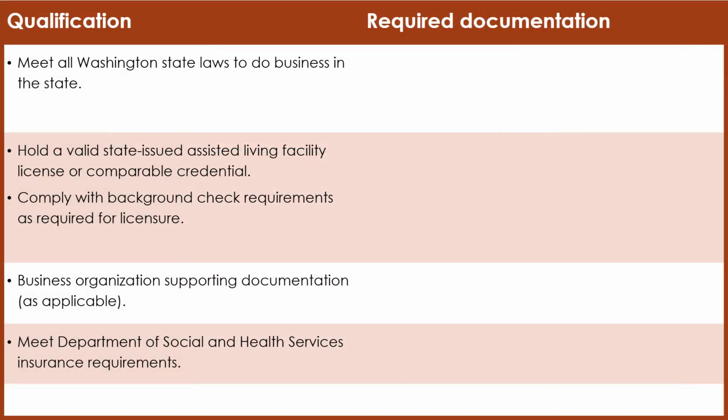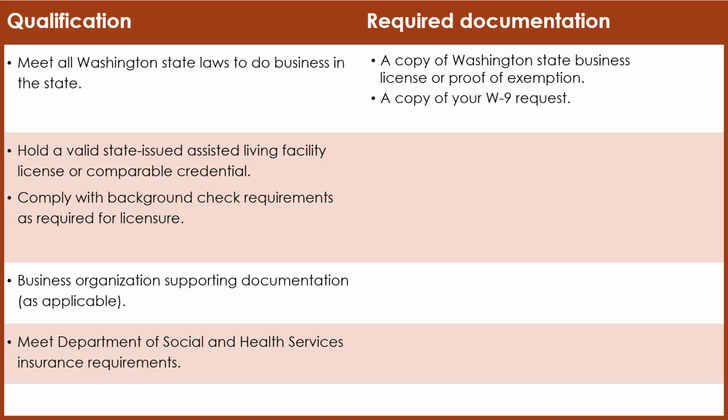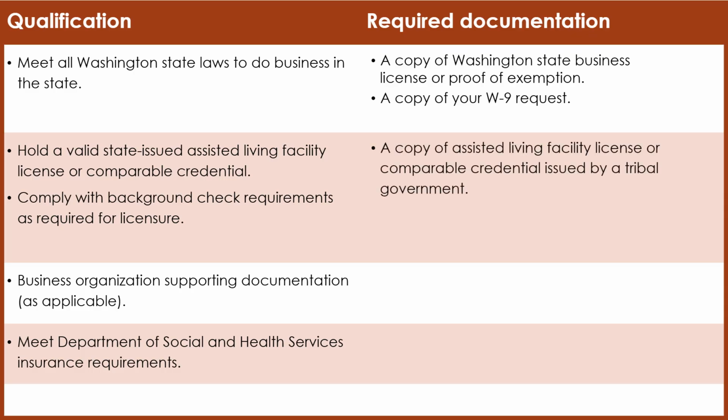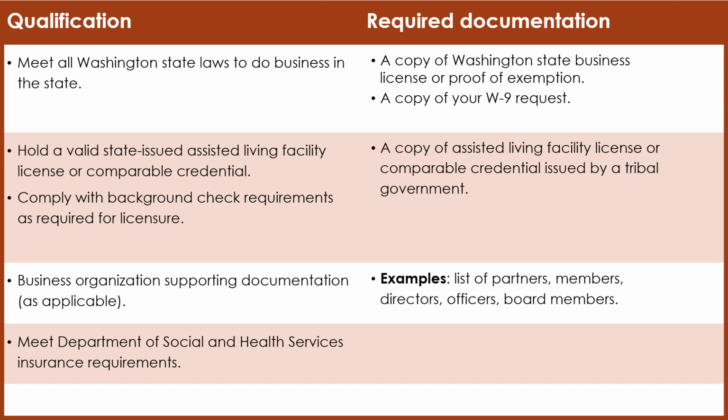You will need to upload the following documents with your application: a copy of your Washington State business license or proof of exemption, a copy of your W-9 request, a copy of your assisted living facility license or comparable credential issued by a tribal government, supporting documentation on your business organization as applicable.